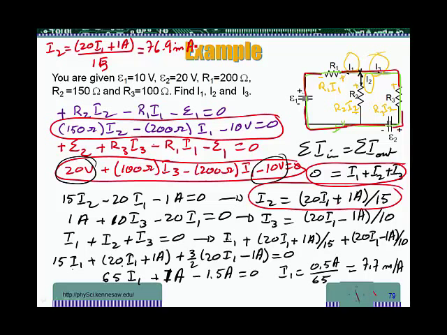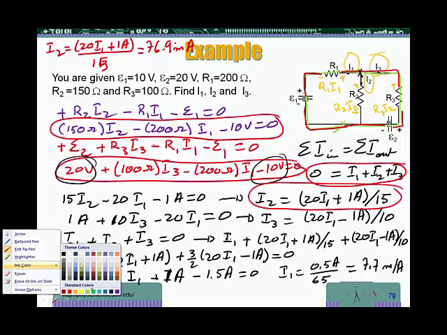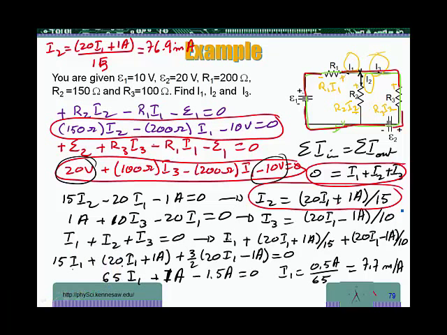Okay, and let's do the last one, I3, let's go another color not to confuse things. I3 is going to be given by this equation.